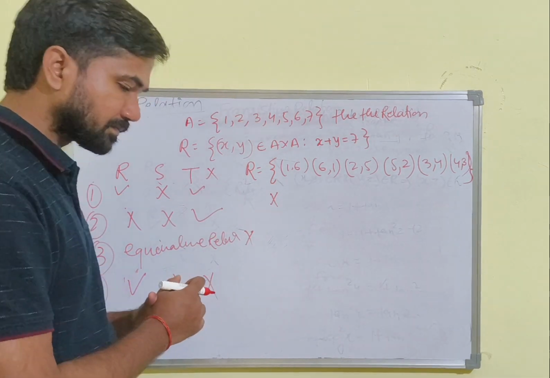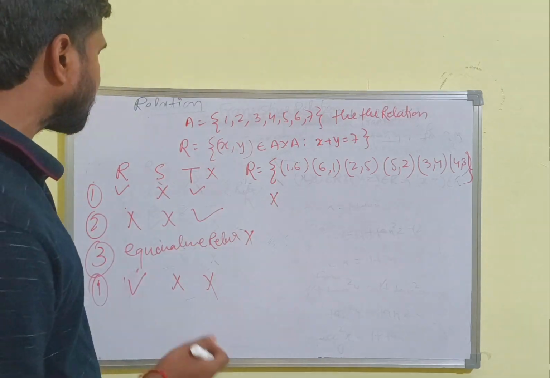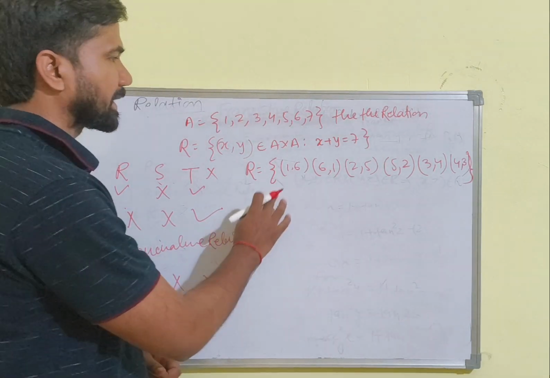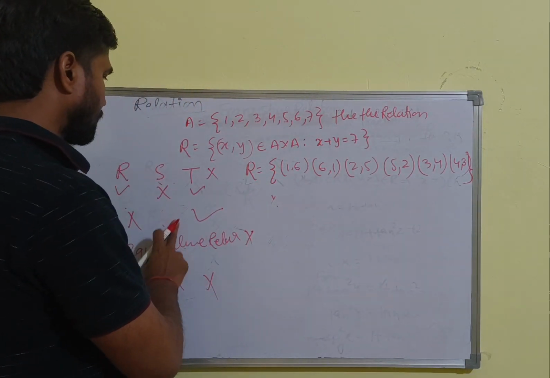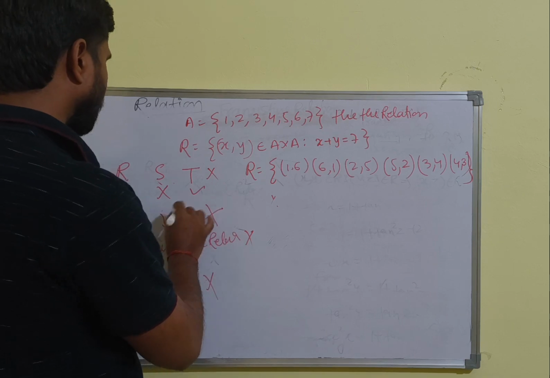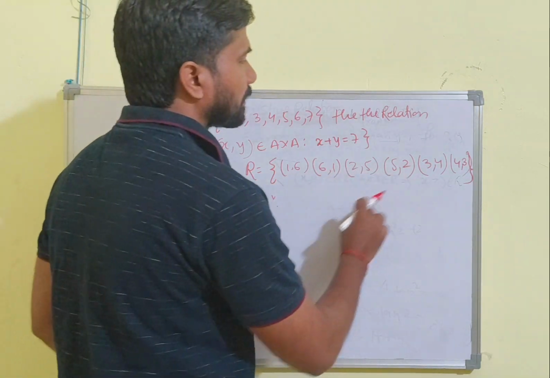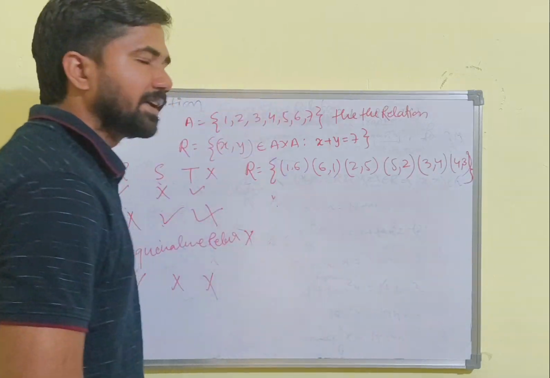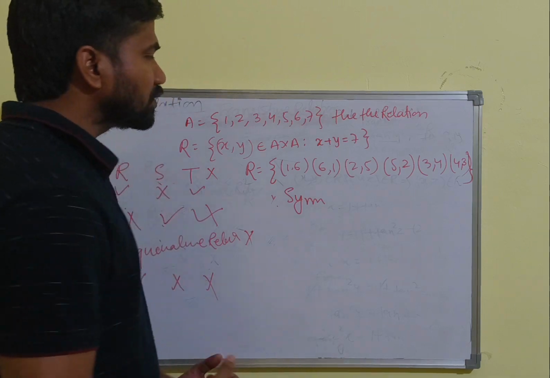Next we can check. Now check symmetry. Here 1 comma 6, 6 comma 1, 2 comma 5, 5 comma 2, 3 comma 4, 4 comma 3. It is present. So it is symmetric. Now check transitive.